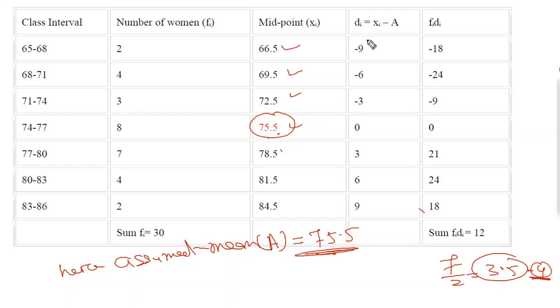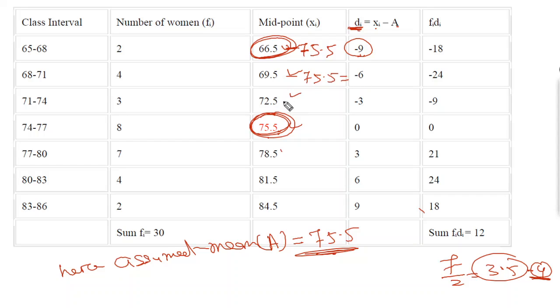Now what will we do? We have to find di. You know that di equals xi minus a. So xi is here the first one and a is 75.5. So first you have to find 66.5 minus 75.5. Okay? So it will be equal to minus 9. 69.5 minus 75.5, please calculate all these things in the rough.